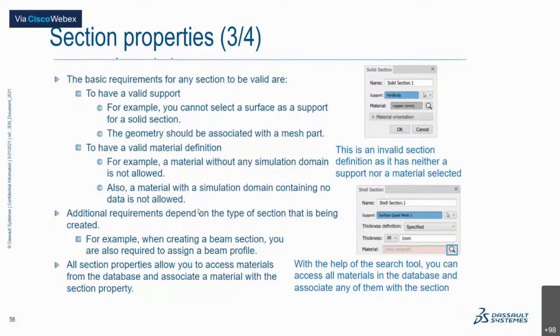You'll need to select the part body in the specification tree, and then you can define the material, such as copper in this example. If it's a different type of section, for example a shell section, then you'll also have to define the thickness for the shell. So based on the type of section you use, there are multiple data inputs you'll have to give in order for those sections to work in your simulation model.